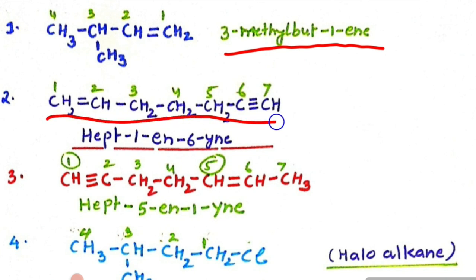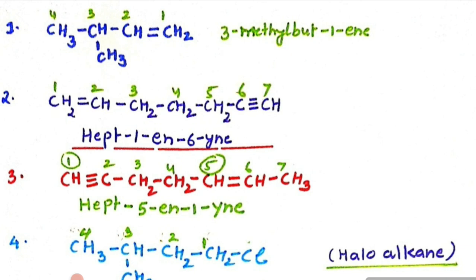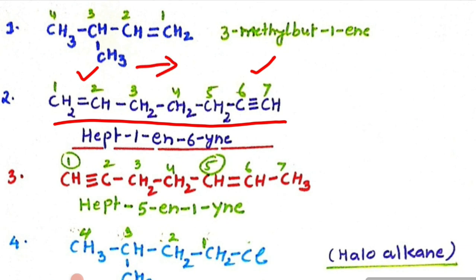Here there is an example which contains two functional groups, "-ene" and "-yne". For the root word, you have to select the longest chain containing both these functional groups, and then you have to number the carbon atoms from both sides. Moving from left towards right, we get the locants as 1 and 6.